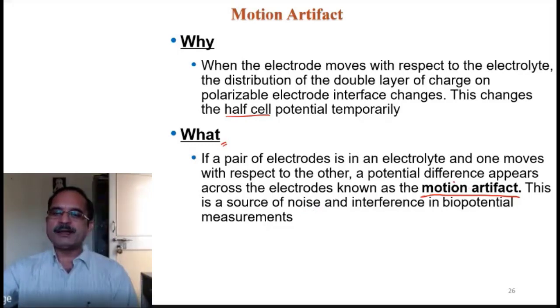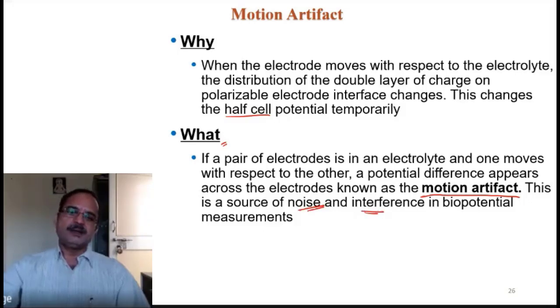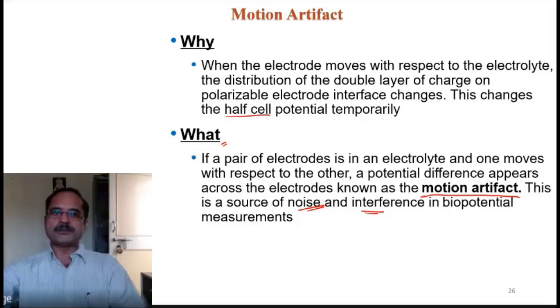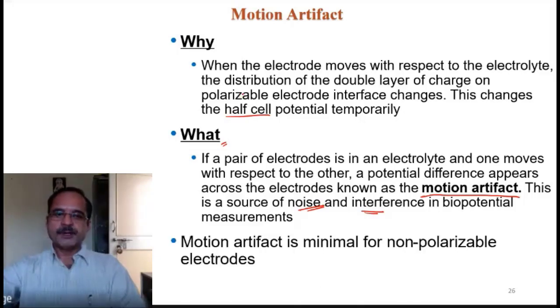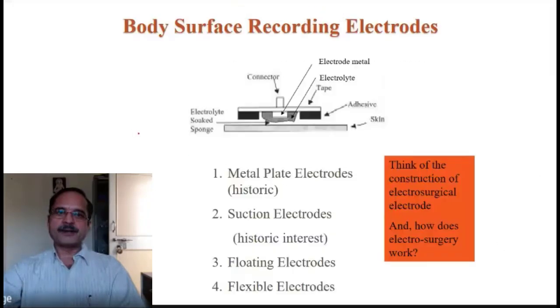This motion artifact results in some fluctuations of the potentials, and we call it noise or interference. It is to be avoided and should be minimized as far as possible. The motion artifact is minimum for non-polarizable electrodes, so the polarizable electrodes are more affected by this motion artifact.